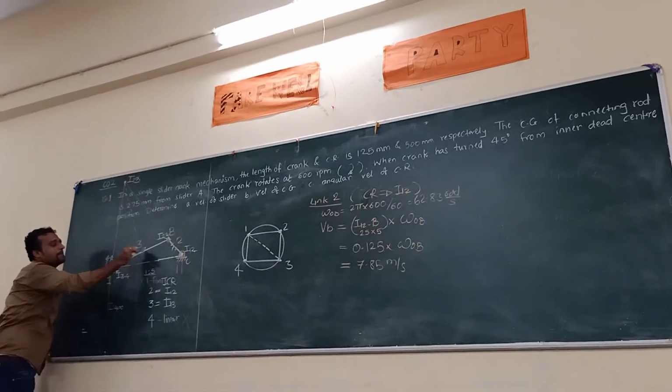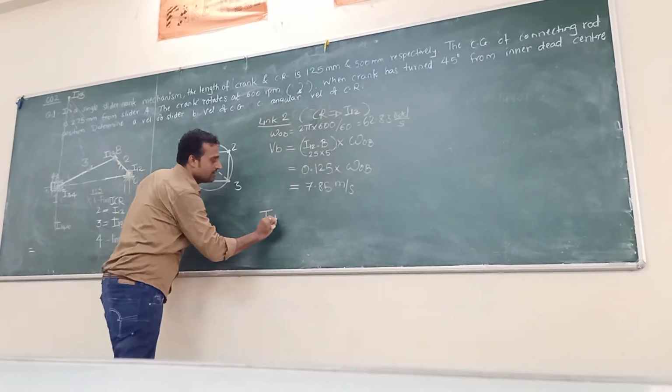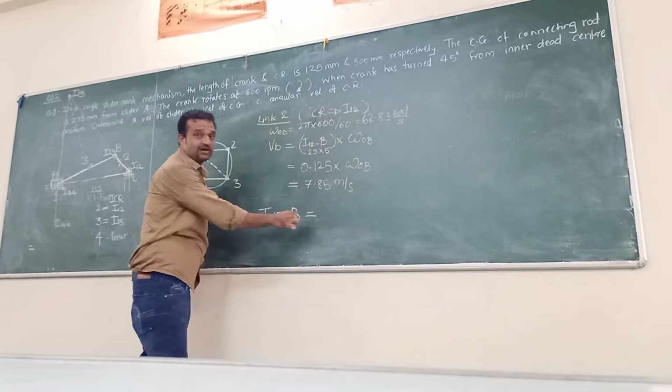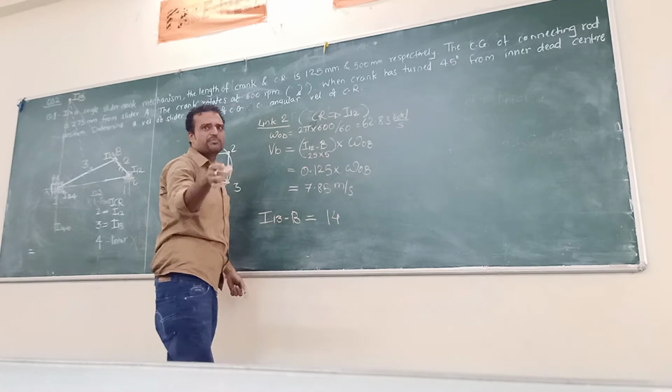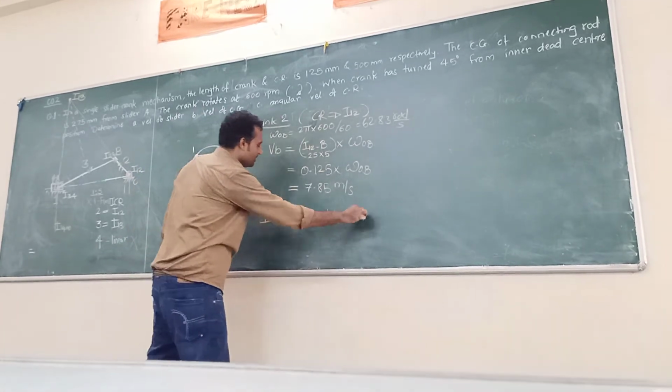Then we have to measure these distances. So I'll say I13, this point is B. This distance comes out to be 14 centimeter, approximately 13.9, 14 centimeter.